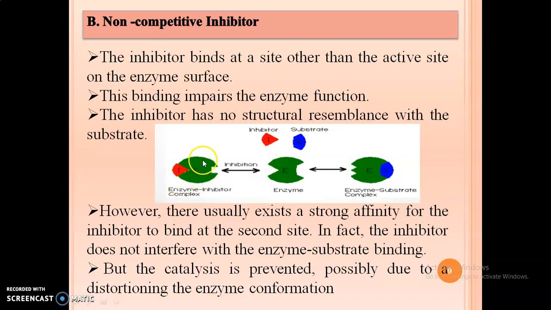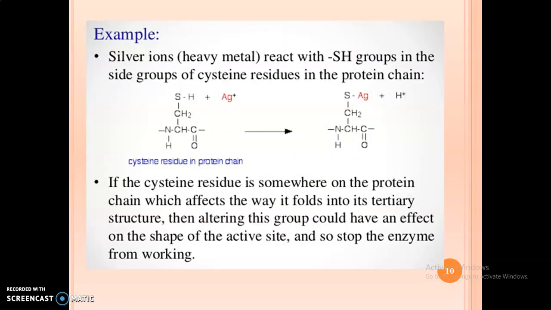Now, this enzyme conformation is different. Conformation means shape. This enzyme conformation is different as compared to what this conformation is. But your substrate can identify only this. It is very difficult for the substrate to identify this conformation, and hence this conformation inhibits the binding of your substrate to form the product. We'll see this with an example.